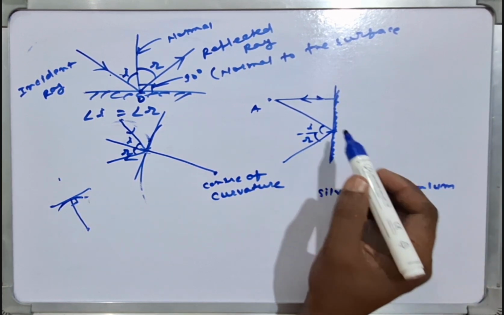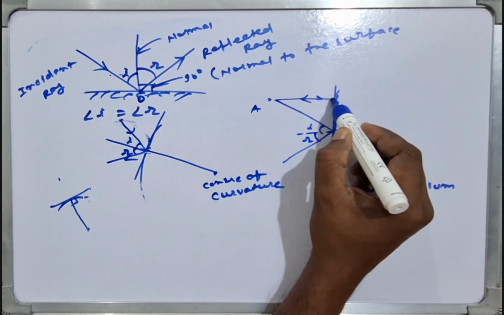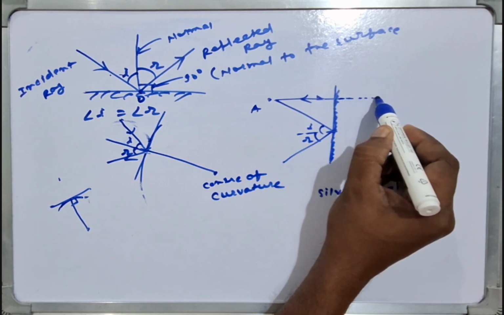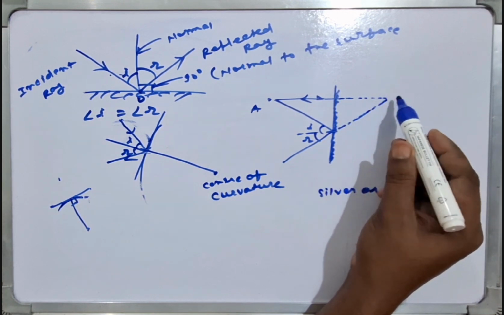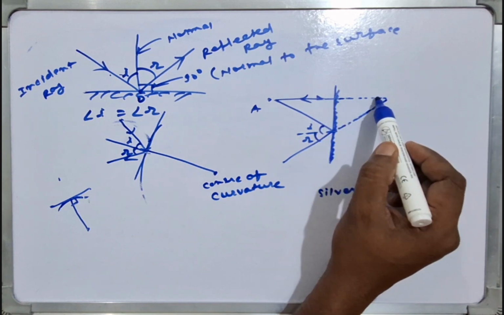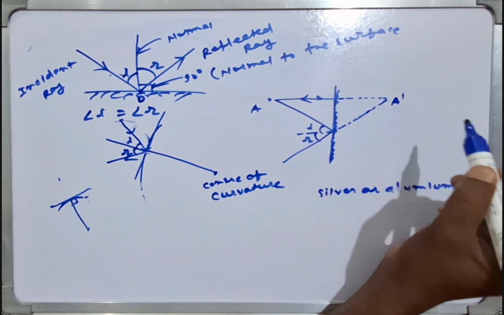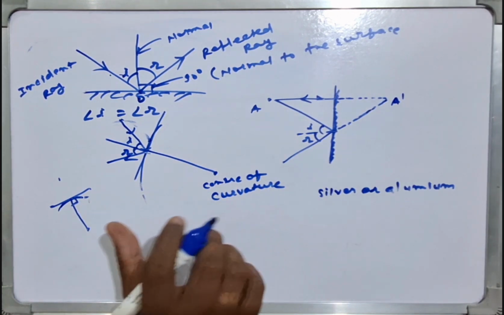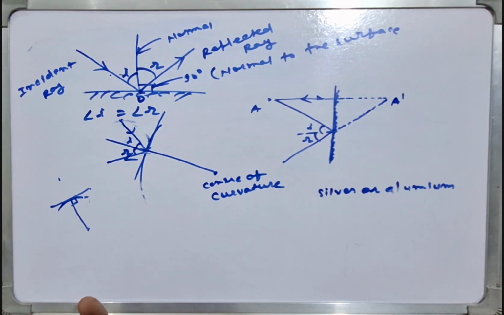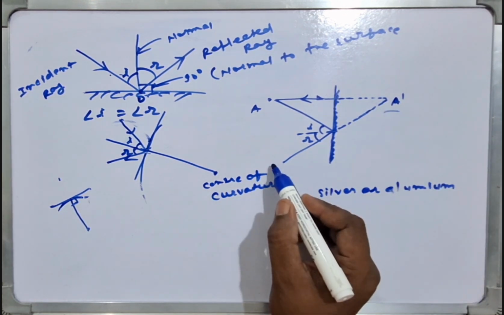Now if you extend the reflected rays virtually like this, you see these two rays of light cut at this point. Suppose this is A dash. The two rays of light are not actually intersecting each other; we are virtually extending the rays, and they cut at point A dash. So here the image formation is happening.